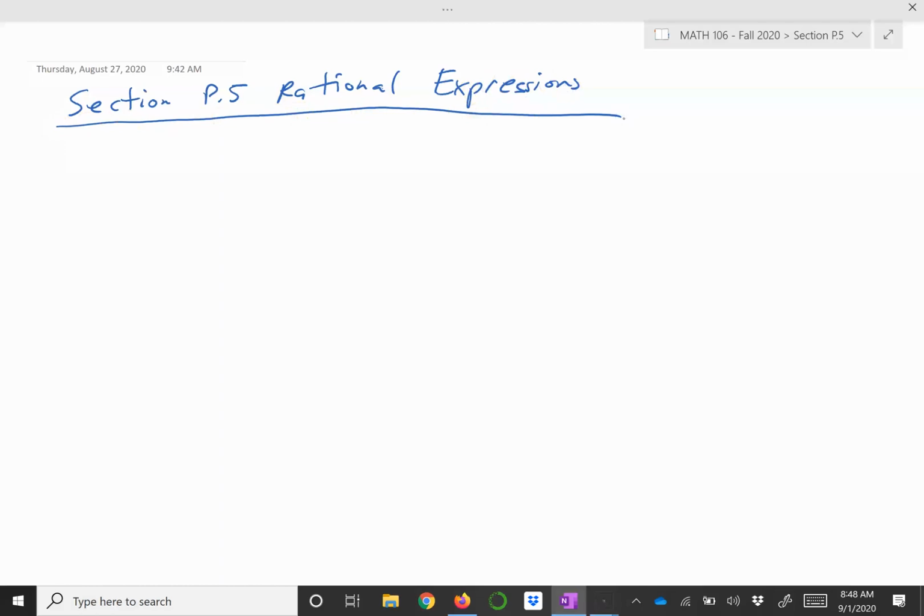Okay, so just as a review of what the term rational means. If you have a rational number, it would look like A over B. Okay, rational number, it just means a fraction, okay?